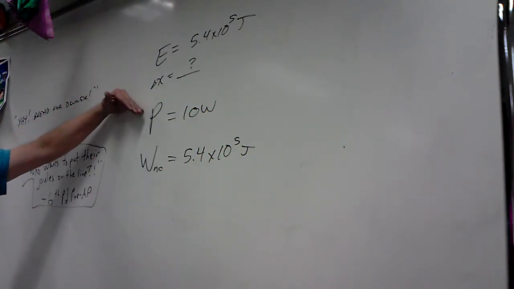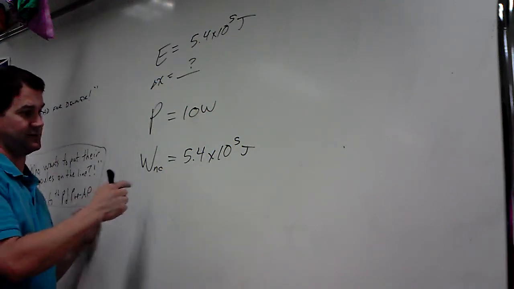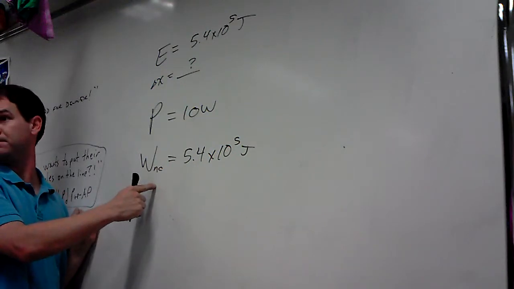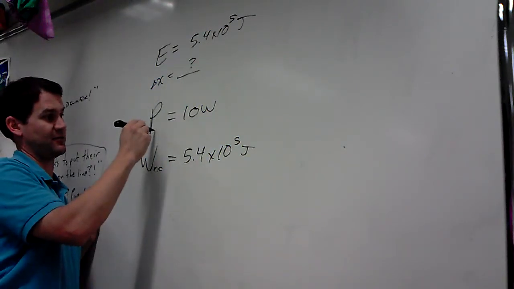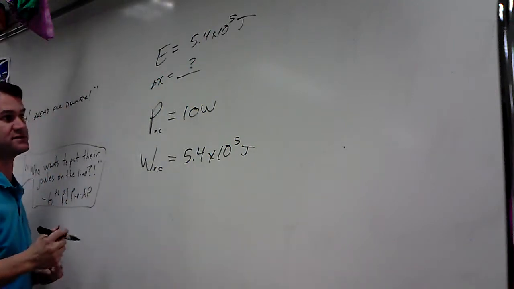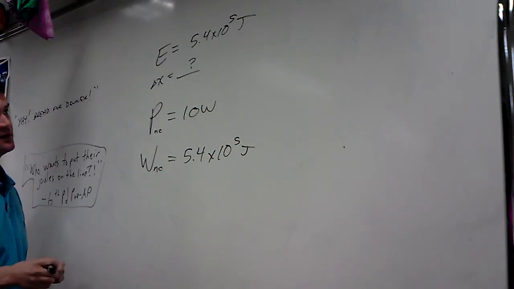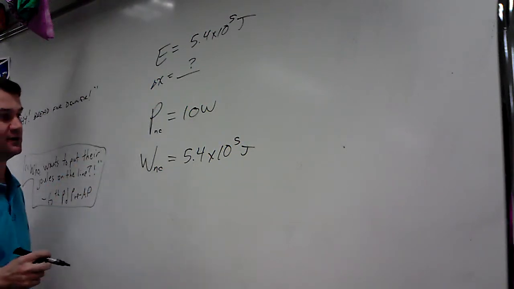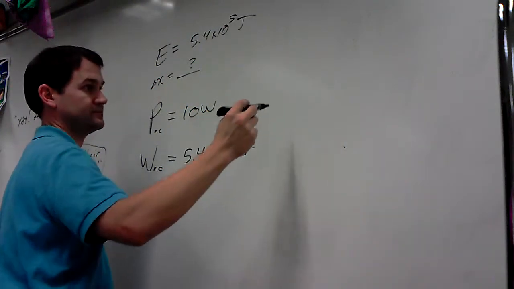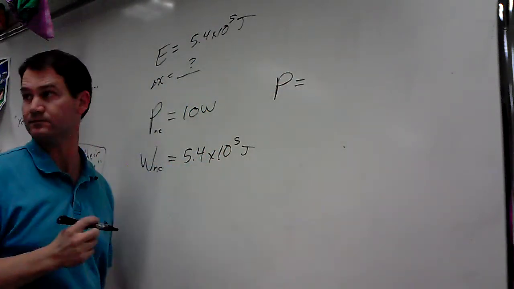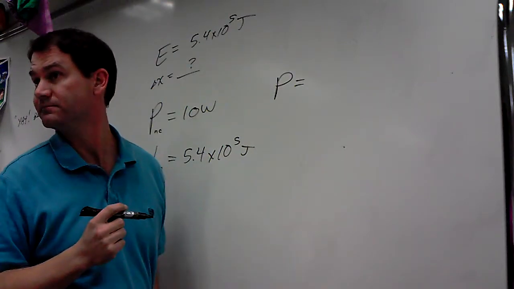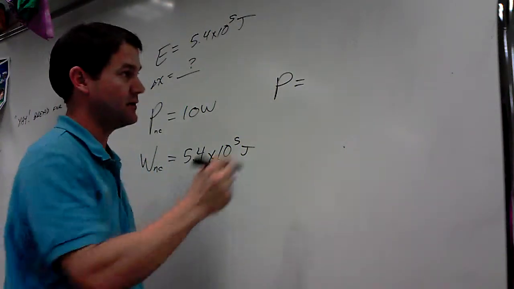Well, what's this power then? This power is the drive power. If it's a constant velocity, then it's the rate of this work, the power of the non-conservative forces. What does power equal? Work over time, or F v cosine theta.